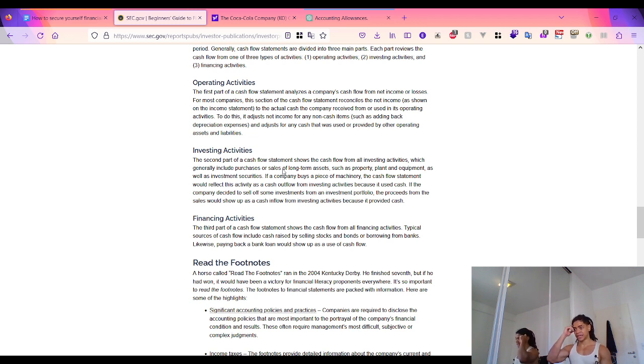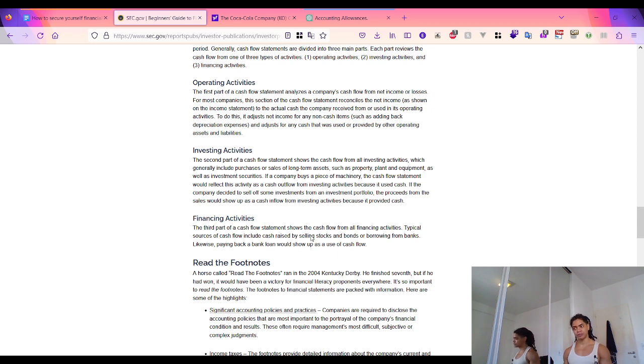Typical sources of cash flow include cash raised by selling stocks and bonds or borrowing from banks, which is a cash inflow.